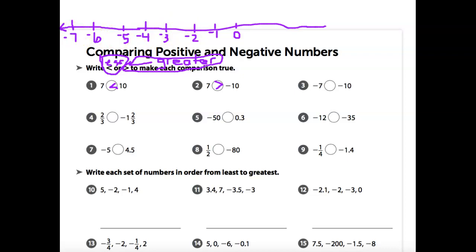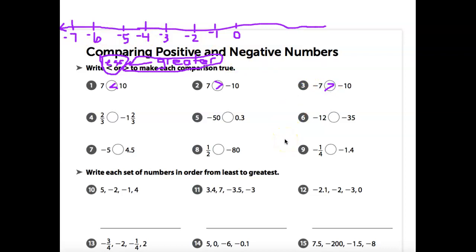Now, -10 would be further to the left, and to the left is always smaller. So even though it's a 10, it's a -10. So -7 is actually larger than -10. So this is greater than, okay?